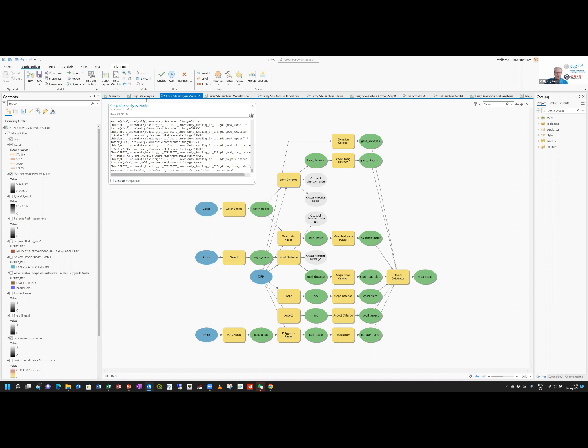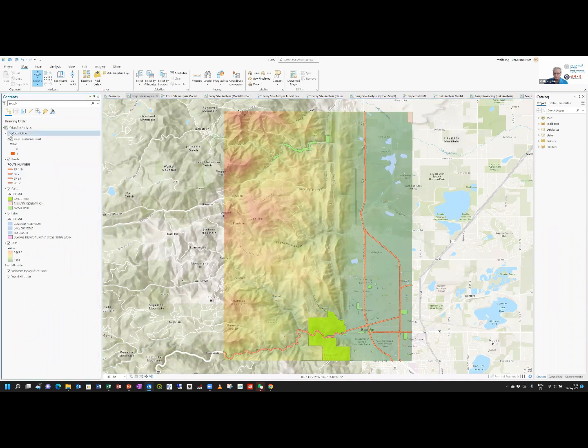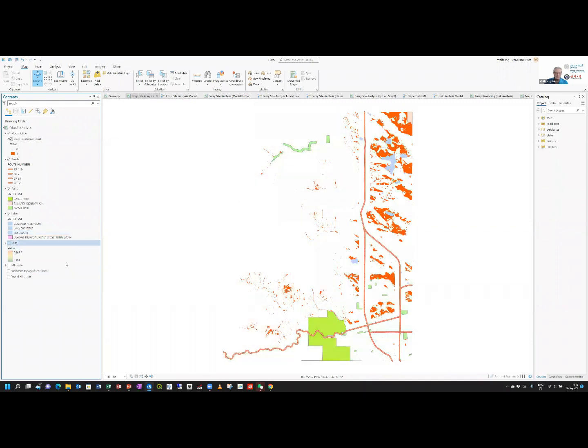So let's go back. What we see here now are these locations here, these are all locations that are okay. So let me just, for a moment, take away all our background images and only keep the parks, the lakes here, the major roads.